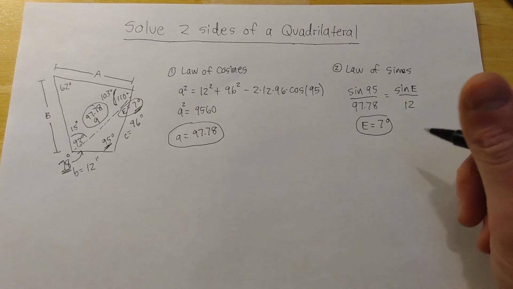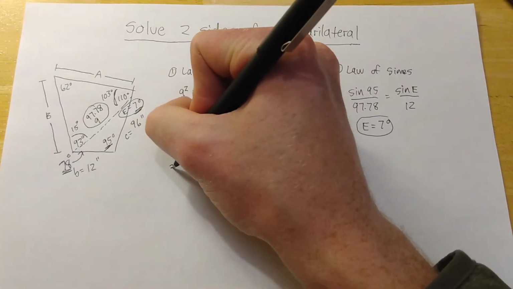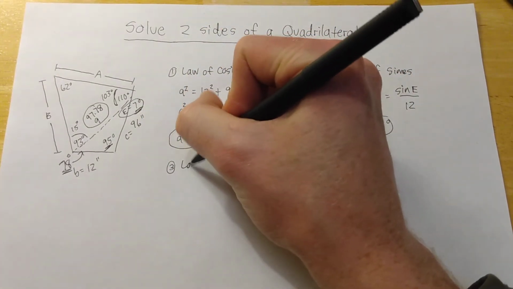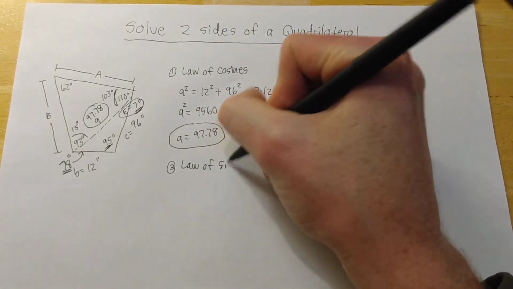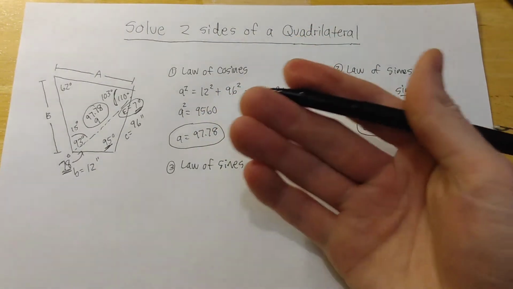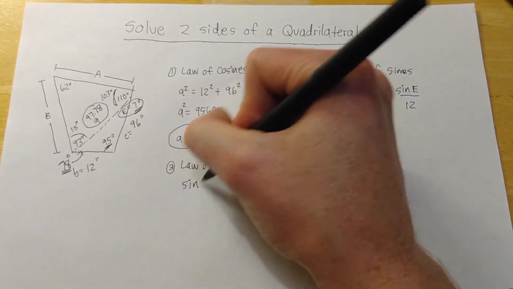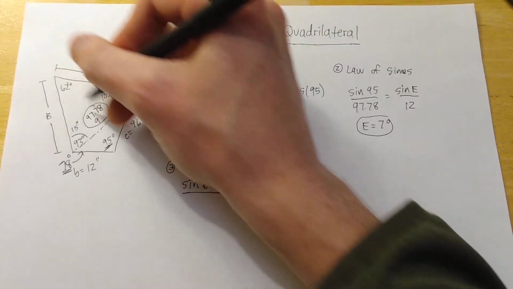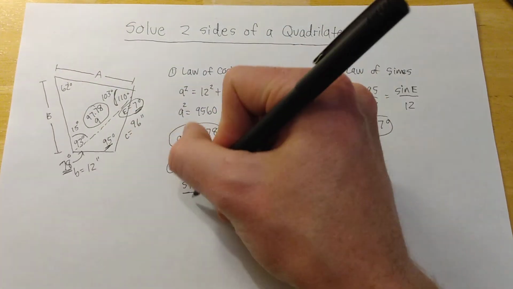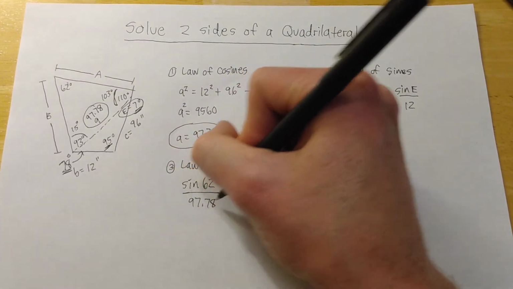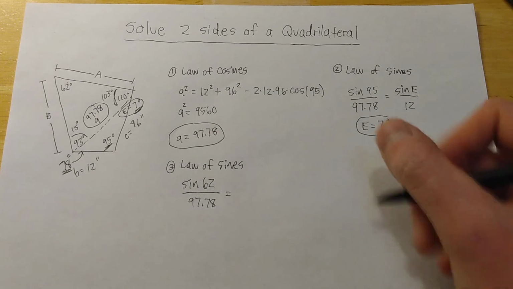Okay. We're going to use the law of sines again. Same thing, you just take the sine of any angle, like 62, for instance. So sine of 62 divided by the side length opposite of it, set that equal to the same thing.